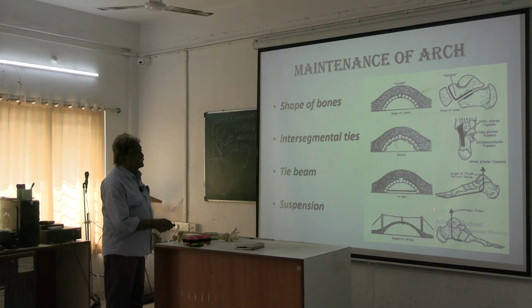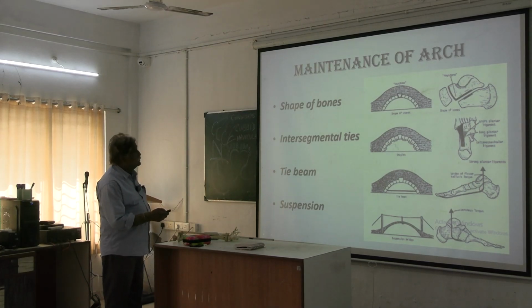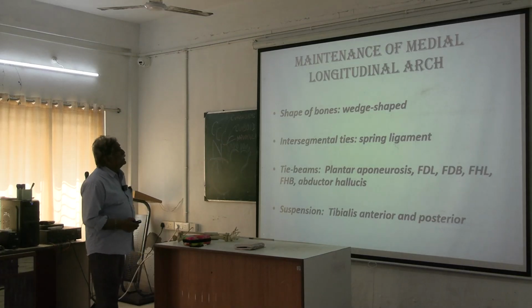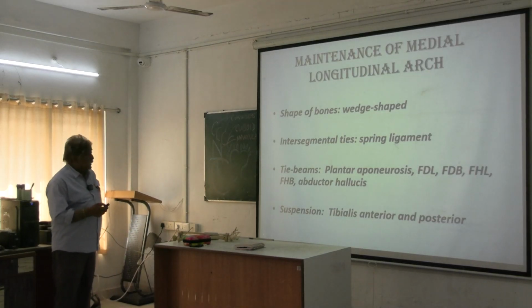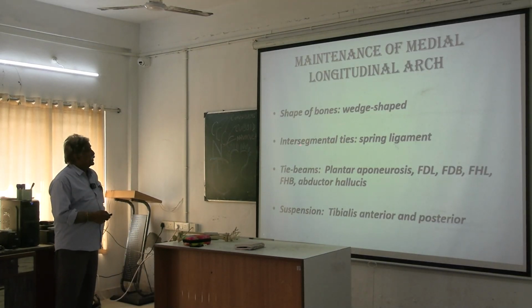peroneus longus. Maintenance of medial longitudinal arch: shape of bones, wedge shaped; intersegmental tie, spring ligament; tie beams, plantar aponeurosis, flexor digitorum longus, flexor digitorum brevis, flexor hallucis longus, flexor hallucis brevis, abductor hallucis.